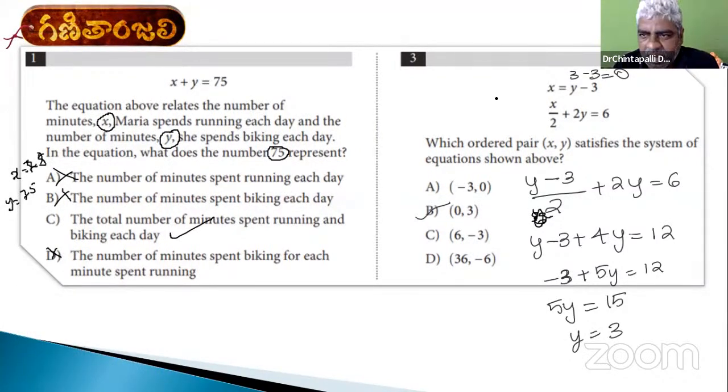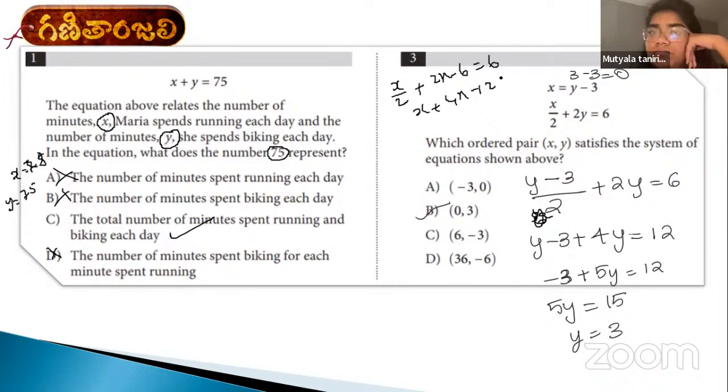See, you may do it like this: x by 2 plus 2y, where 2y means 2x minus 6, is equal to 6. Or x plus 4x minus 12 is equal to 12.